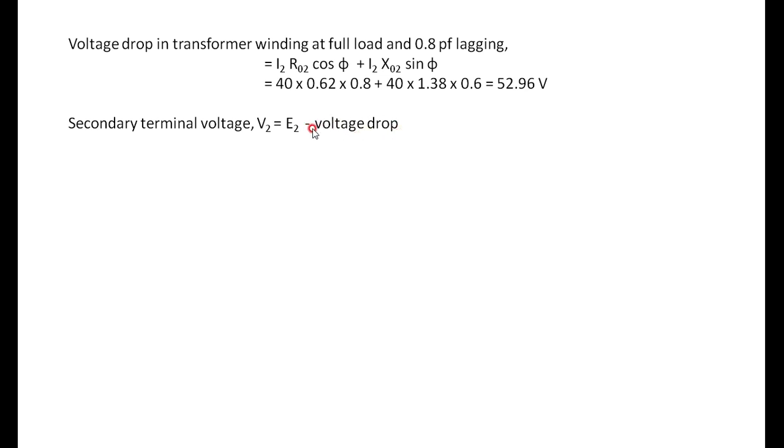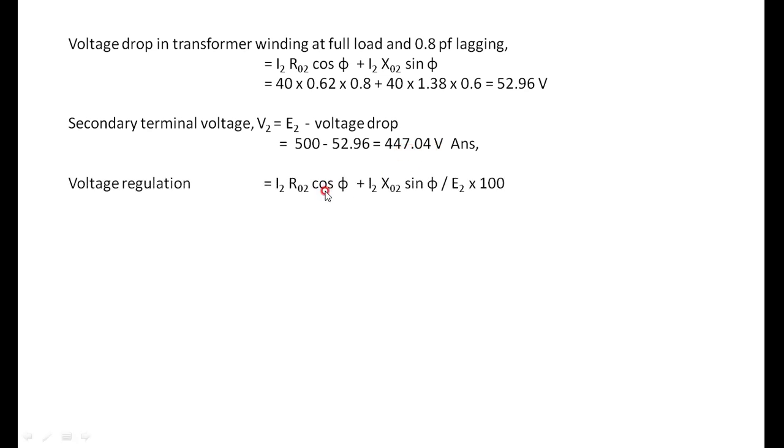Then the secondary terminal voltage V2 is equal to E2 minus the voltage drop. E2 is 500 and the voltage drop is 52.96, so the voltage across the secondary terminals of the transformer is 447.04 volts.